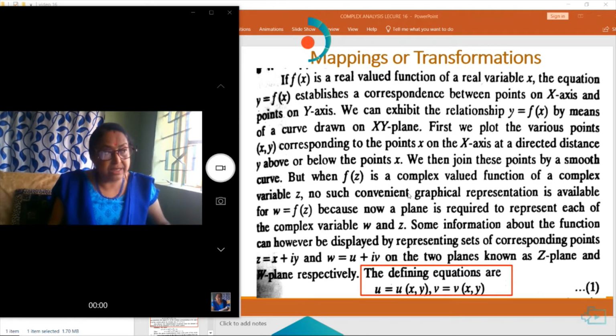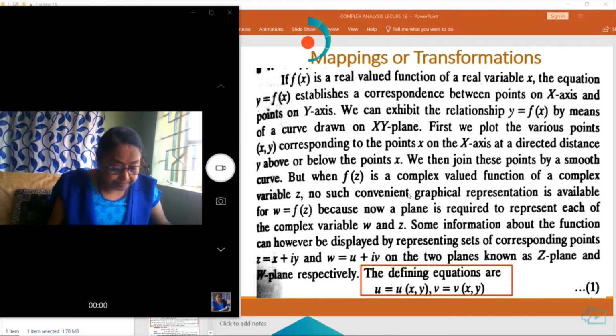Let z equal to x plus iy and w equal to u plus iv be the two planes, known as the z plane for x plus iy and the w plane for u plus iv.